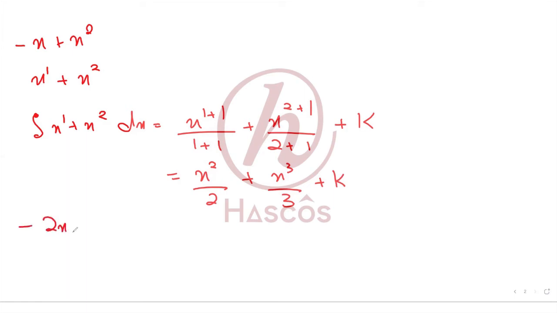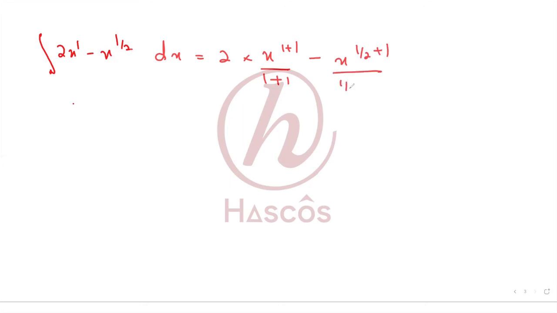Let's try another example. 2x minus x under root. This can be written as 2x minus x to the power 1 upon 2, and that is integrated. We get 2 times x to the power 1 plus 1 upon 1 plus 1, minus x to the power 1 upon 2 plus 1 over 1 upon 2 plus 1, and then the integration constant comes in.